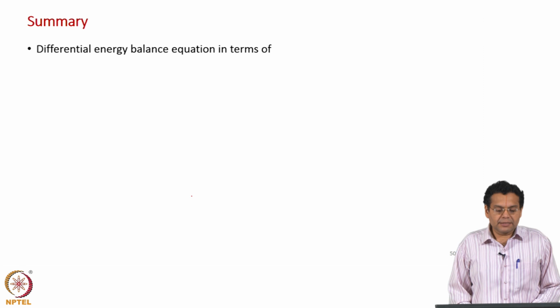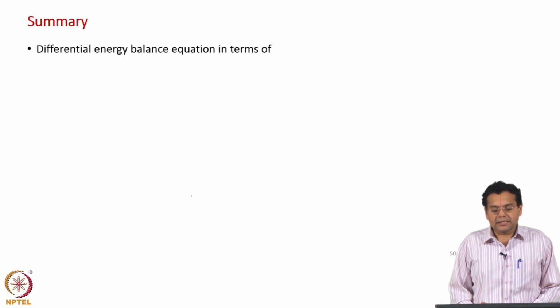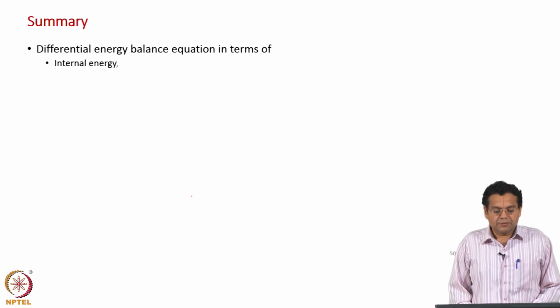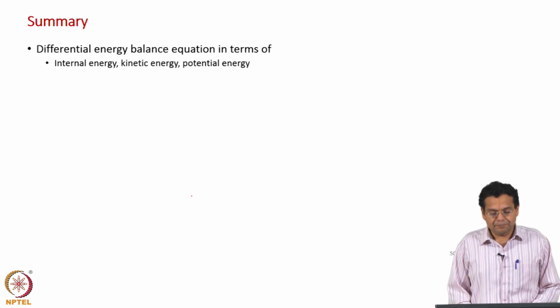We have derived the differential energy balance equation through a series of stages. First, we expressed it in terms of internal energy plus kinetic energy plus potential energy, which is what we discussed in the previous lecture.